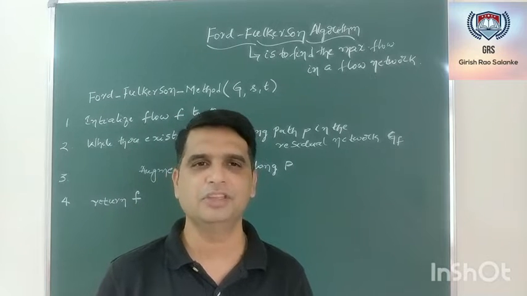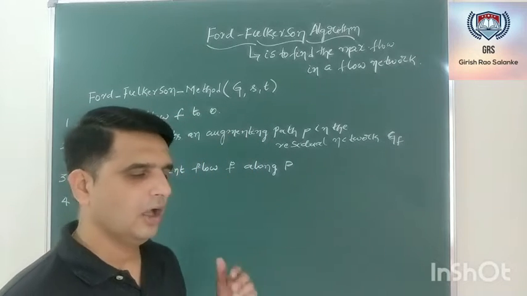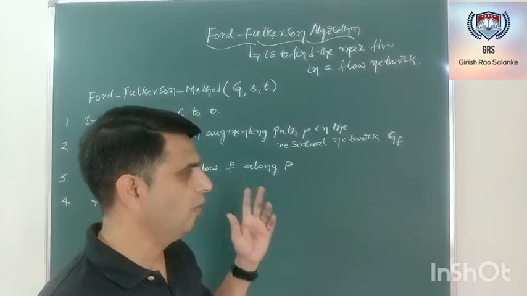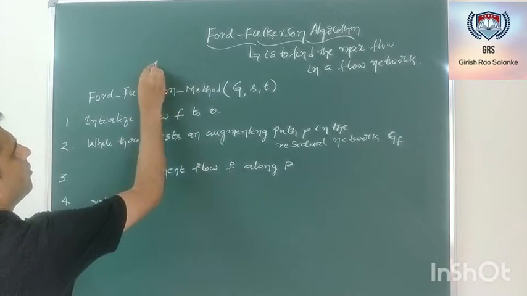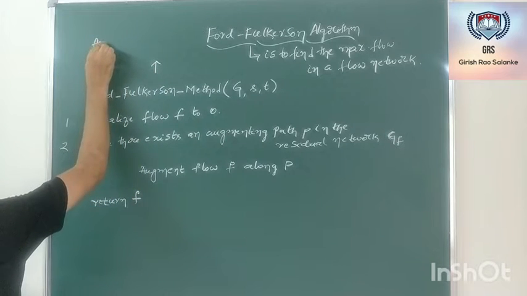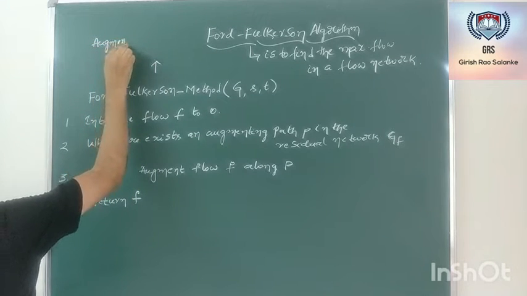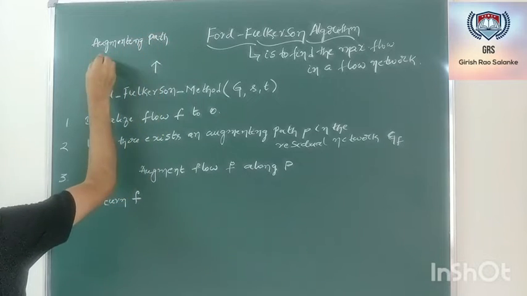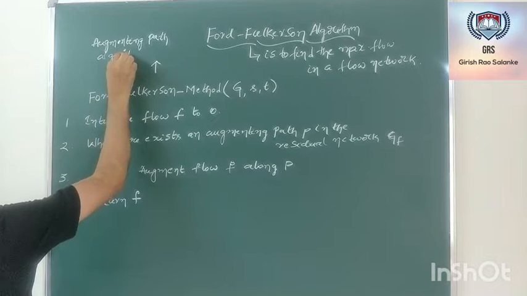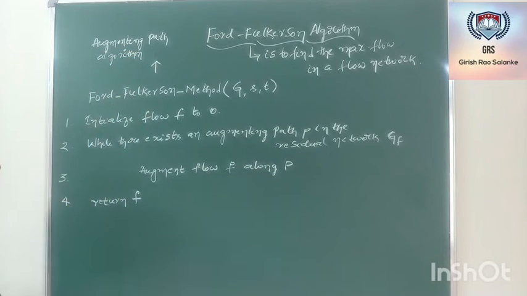Now, the algorithm which is based on the augmenting path is the Ford Fulkerson algorithm. Sometimes it is also called the augmenting path algorithm, to find the max flow.